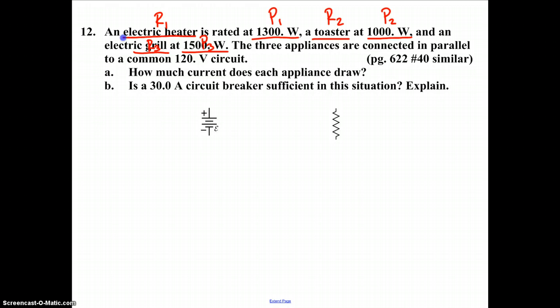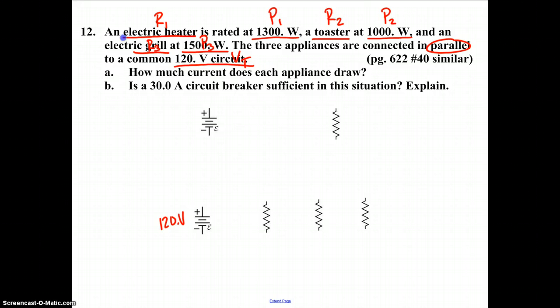They're connected in parallel, a very key piece of information, to a 120 volt circuit, and this is the total voltage available to all the devices. All right, so we're going to start by drawing this circuit. We'll draw a symbol to represent our 120 volt power supply, and then we need a resistance symbol for each of our heater, our toaster, and our grill.